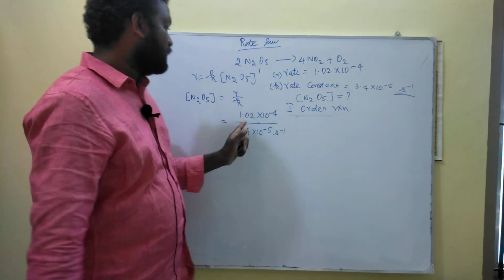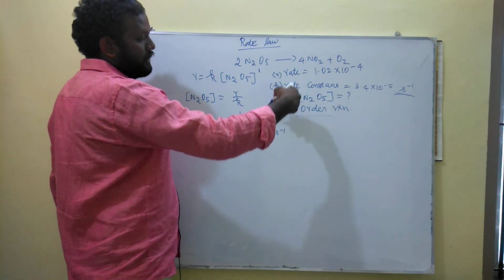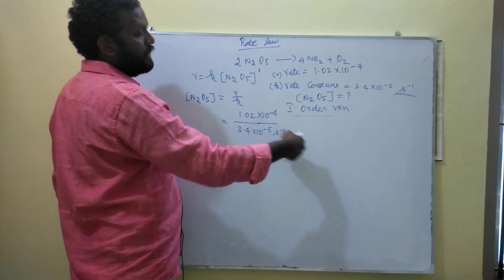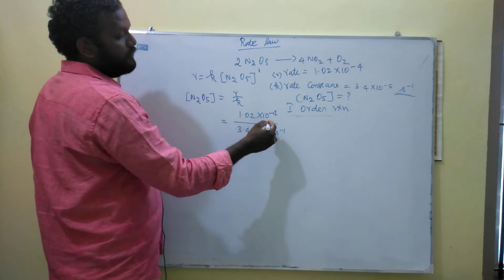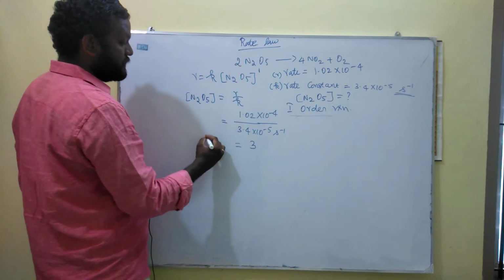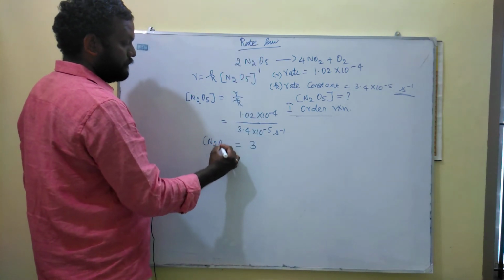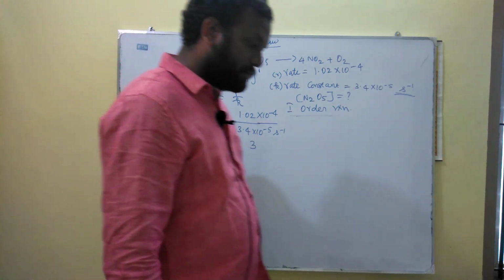So first order. Here per second goes from denominator to numerator, it becomes second. If you cancel this, we will get the answer 3. So the concentration of N2O5 is 3 in terms of mole per liter per second.